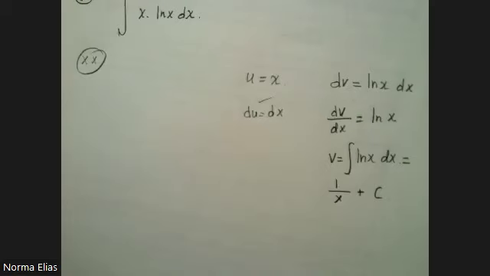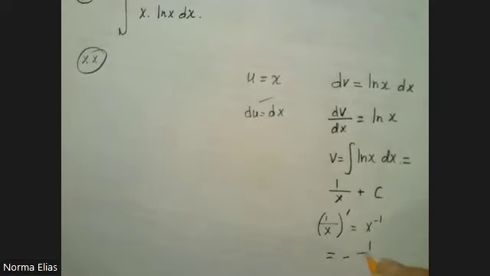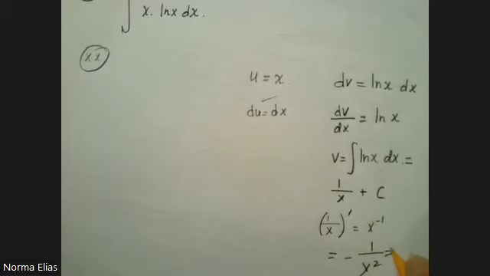False. Absolutely false. Why is it false? Because what's the derivative of 1 over x? Is it ln? The derivative of x to the minus 1 is minus 1 over x squared. It's definitely not ln of x.